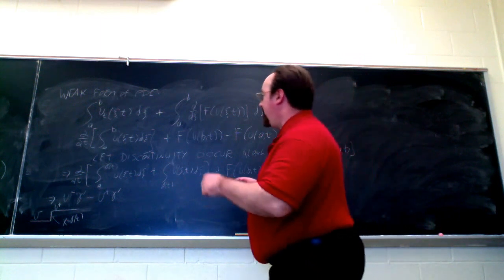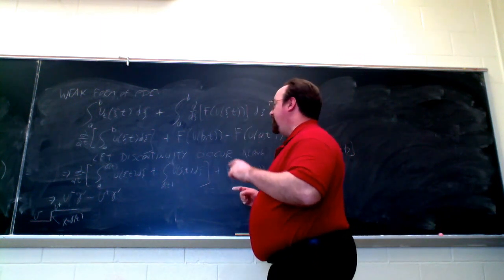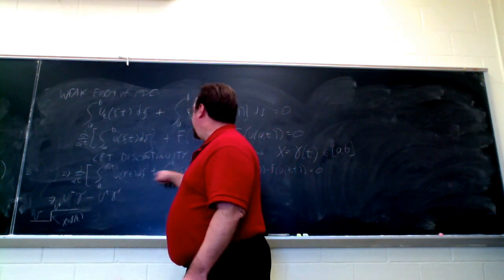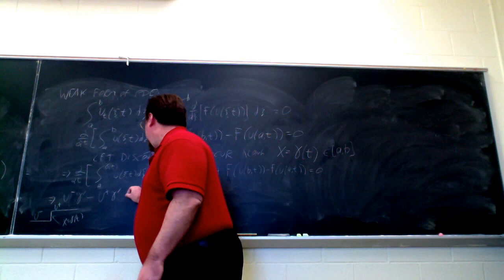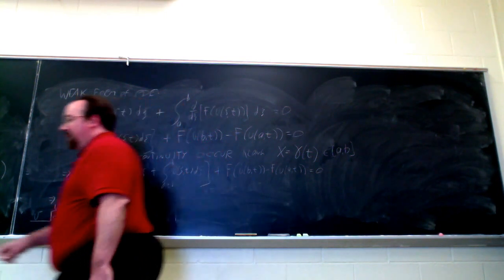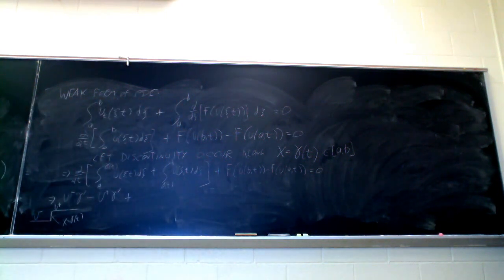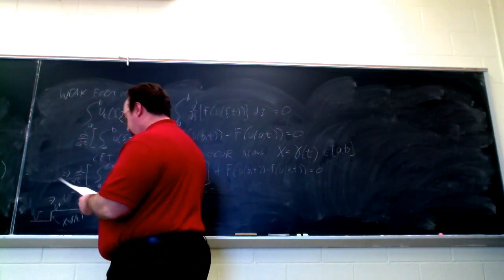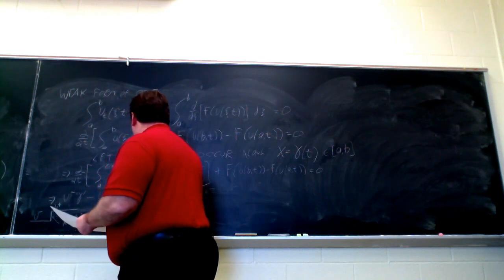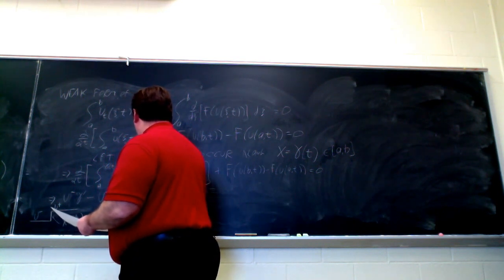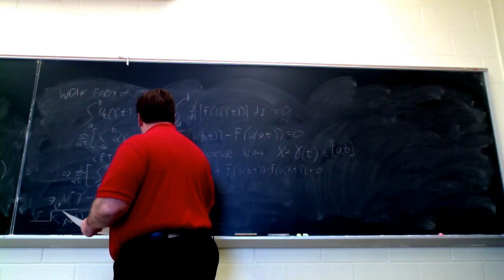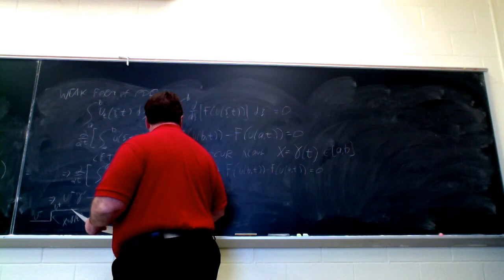So this comes about from differentiating the integrals. But now I have to take into account that u also depends on t. So I'm going to have plus the integral from a to gamma of t of du dt plus the integral from gamma of t to b of du dt.